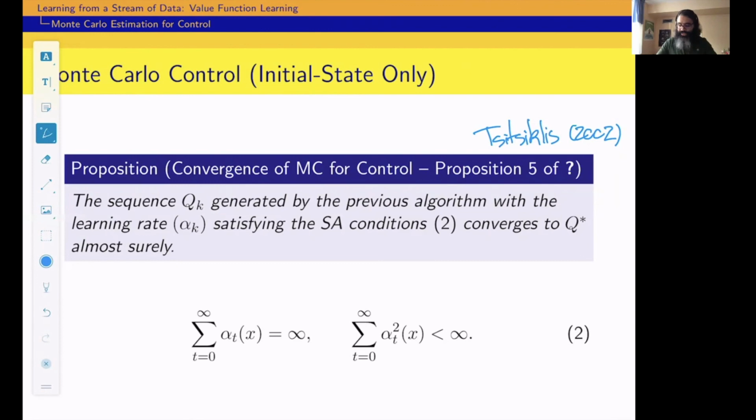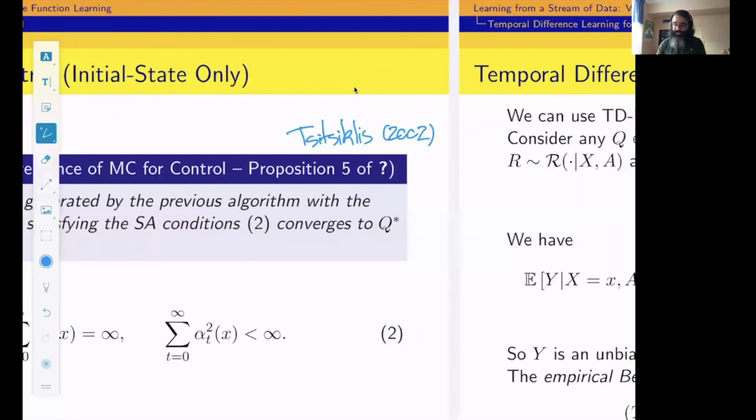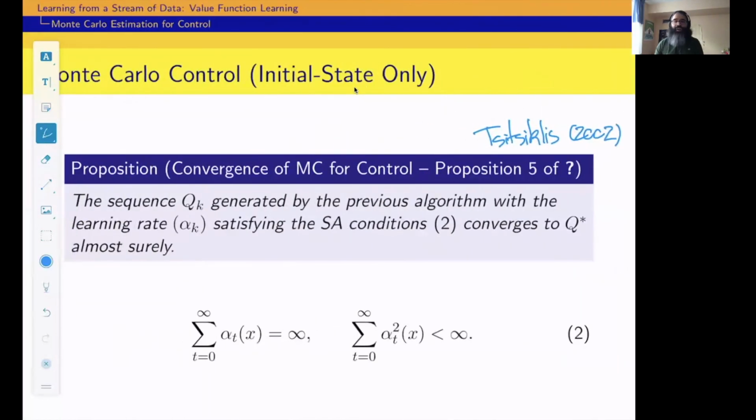Okay, so here, I think we are almost done. This is the result for Monte Carlo control for the initial state version of it. The problem is, if you want to do the first visit version or every visit version that I described briefly before, then the theory is not as clear as for the initial state case.